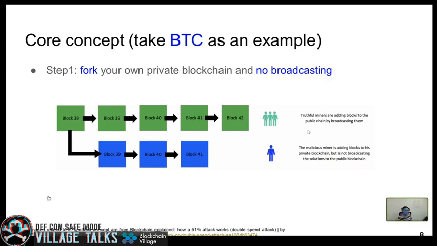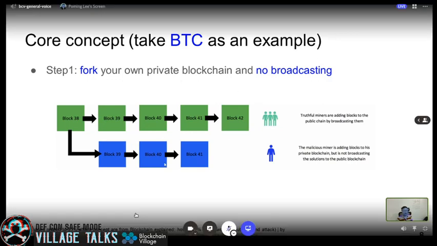Here I will take Bitcoin as an example. Okay, the first step, let us look at this blockchain. We have an original blockchain, the green one: block 38, block 39, block 40, 41, 42, right? If you want to attack someone using the double spending attack, the first step is to fork your own private blockchain.